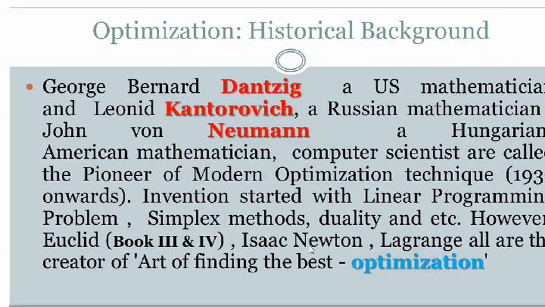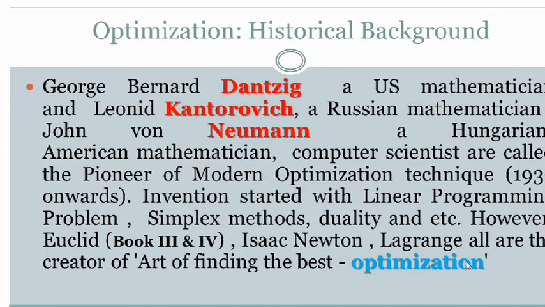And Lagrange has also contributed many tools and mathematical formulas for optimization techniques. If I cite an example, that is the Taylor series. The Taylor series is a base of many mathematical theories and formulas.